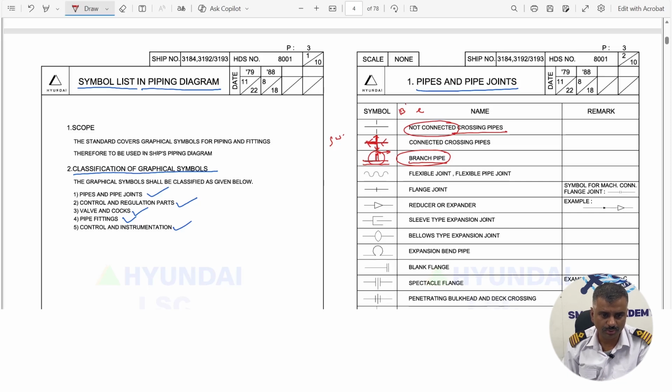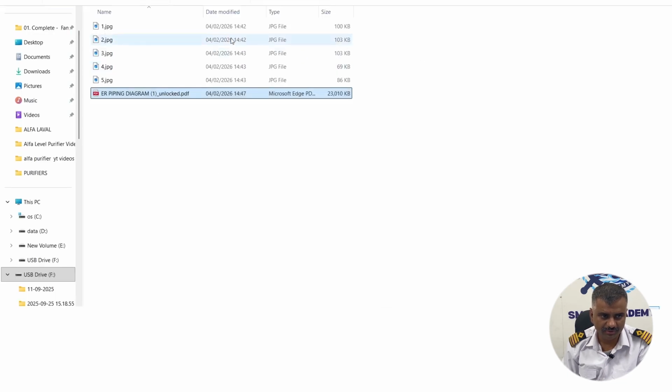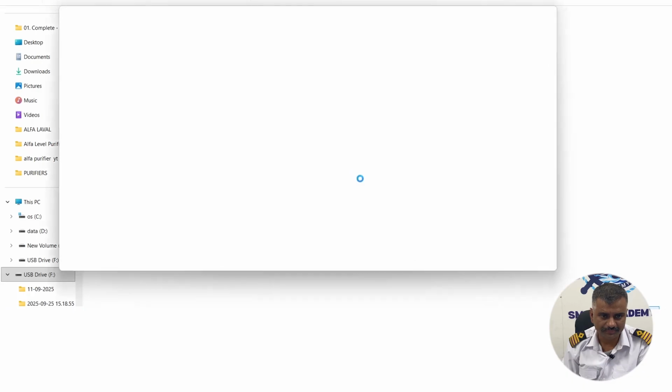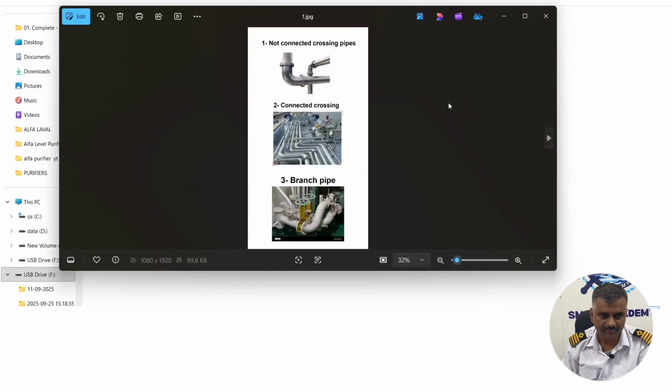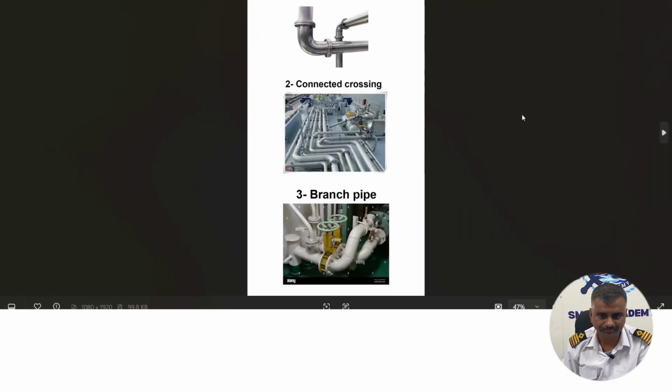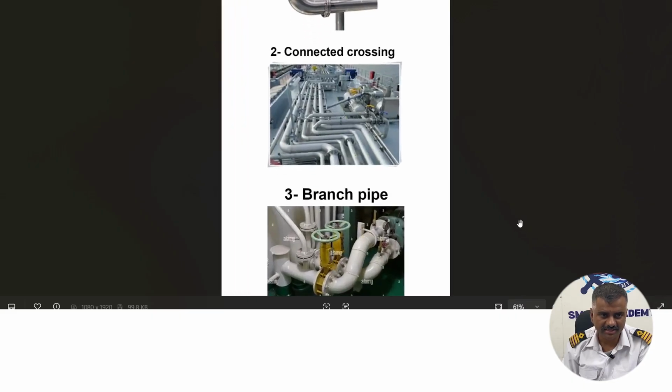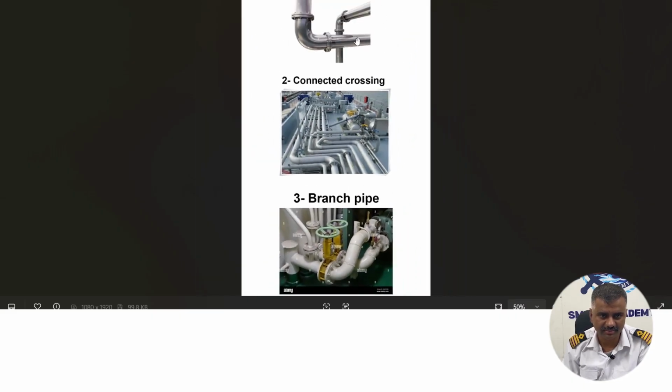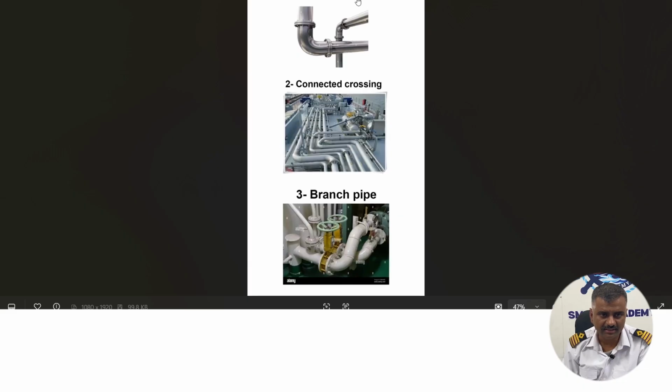Okay, now let me show it to you through the photos, how they look. In this photo, what we are seeing are the three pipes that we have just discussed. First, coming to the not connected crossing pipes. Here in this diagram, this pipe is of a separate purpose and the other pipe coming from the top is of a separate purpose.